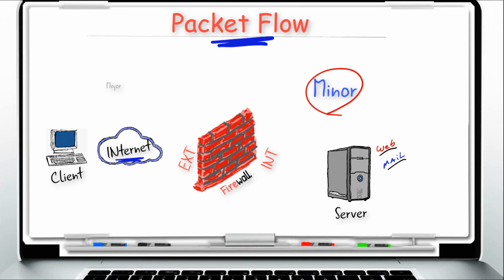A packet can be coming inbound on the external interface, or a packet could be going outbound on the external interface. And the same thing applies to the internal interface, or any other interface for that matter. A packet can be coming inbound on the internal interface, or a packet could be going outbound on the internal interface.